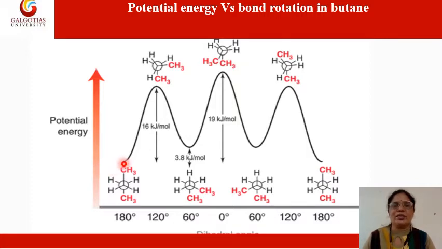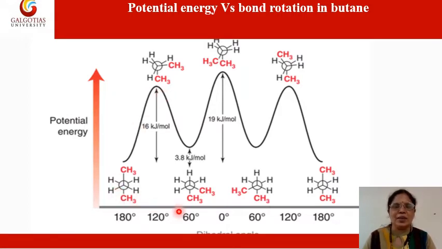In the potential energy versus bond rotation graph for the butane molecule, we can also see 6 conformations when the carbon-carbon bond is rotated 60 degrees each time. So we get 3 staggered and 3 eclipsed conformations.